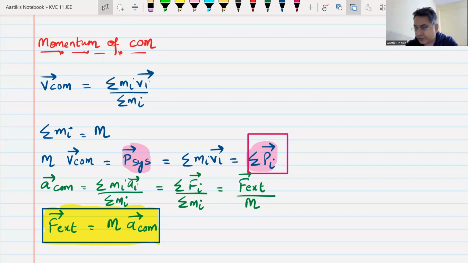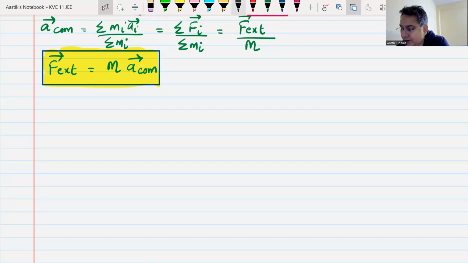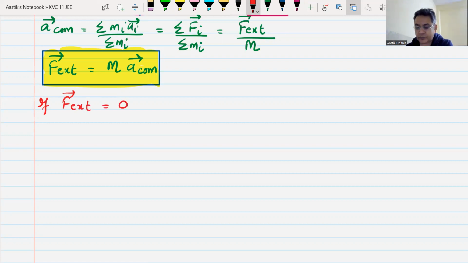Okay, then. Now we have come to this stage where we have understood. Now, if I go ahead and see if the net external force acting on the system of particles is zero, then what will happen? Then what will happen? Acceleration zero, sir.